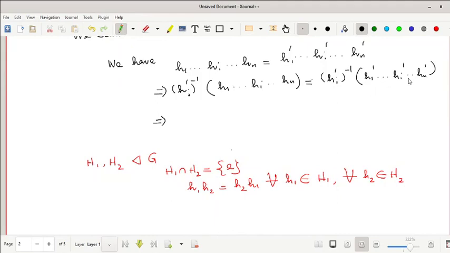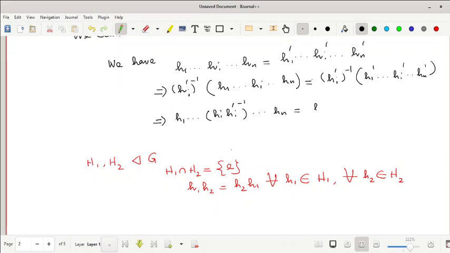So ultimately you can go up to hi prime, and in this side also similar thing happens. So here you will get h1 h2, and then you will find hi hi prime inverse and then dot dot hn, and here this will vanish.